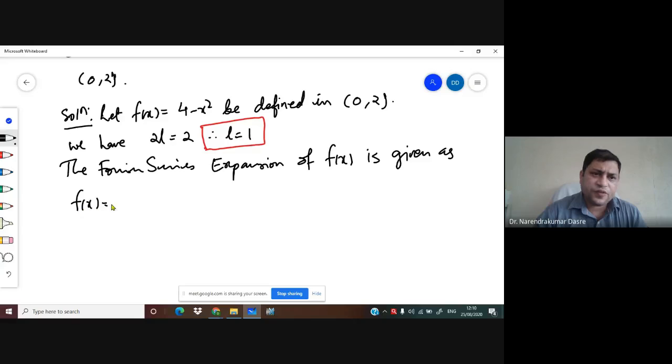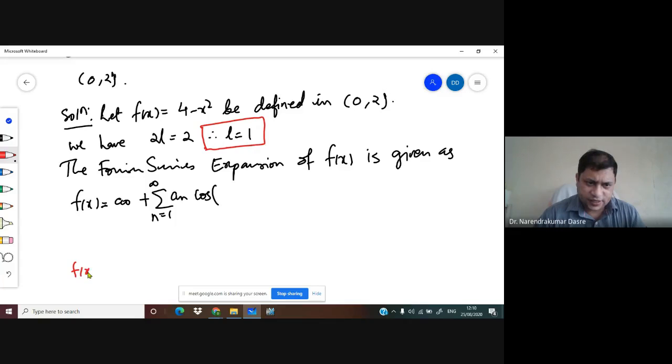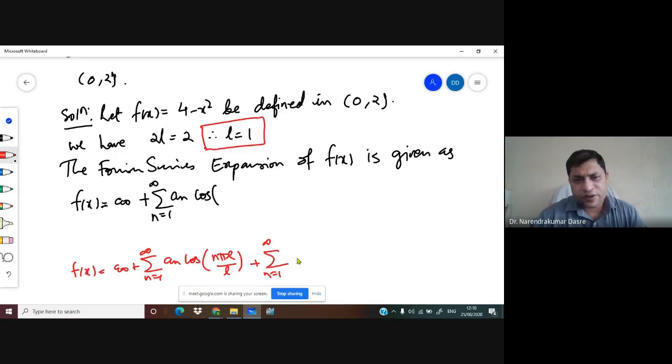So what do you have? Please be careful. What is the Fourier series in the interval 0 to 2L? f of x is equal to a0 plus summation n running from 1 to infinity an cos of n pi x by L plus summation n running from 1 to infinity bn sine of n pi x by L. So this is the formula for the Fourier series.